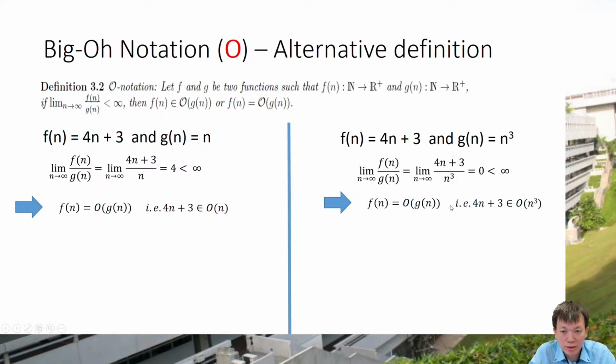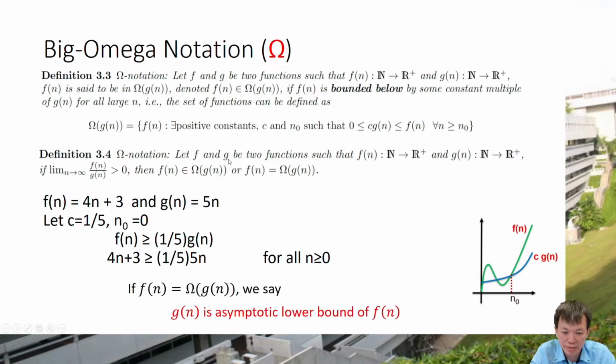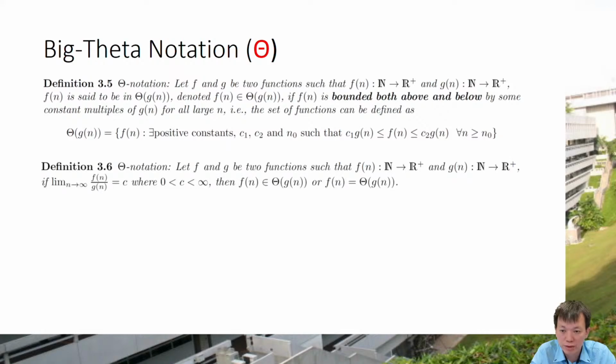Similarly for big omega, it's just the other way. Instead of being bounded above, in the big omega notation the definition is that f(n) is bounded below by some constant multiple of g(n). This was covered in the Monday lecture. Another one is the big theta. Big theta is bounded both above and below, so it is the tightest bound. You must fulfill two criteria.